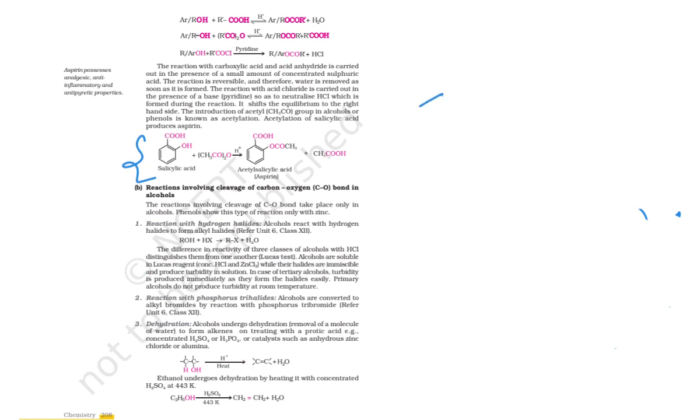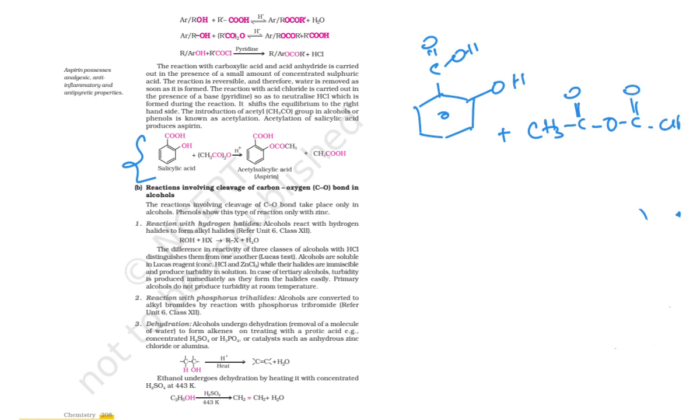So this is your salicylic acid. Here in this, a reaction takes place with acetic anhydride. Again, this hydrogen combines with the acetate molecule, and there is a formation of acetic acid.